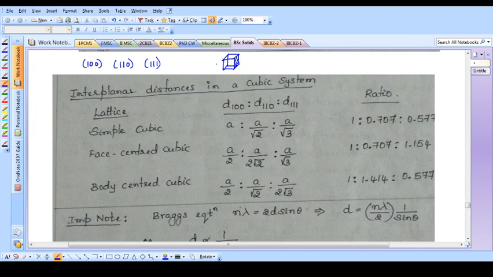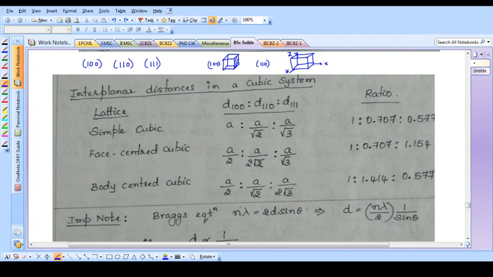So this is the 100 plane. What is the 110 plane? A 110 plane cuts the x-axis at a, the y-axis at b, but is parallel to the z-axis. So how do we visualize this plane? So this is the x-axis, this is the y-axis, and this is the z-axis.